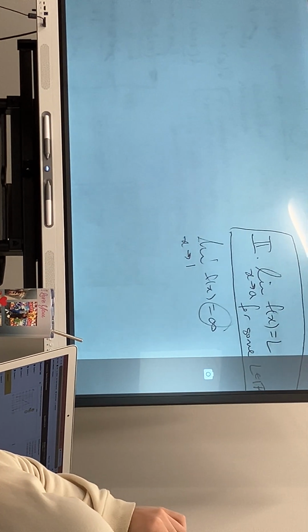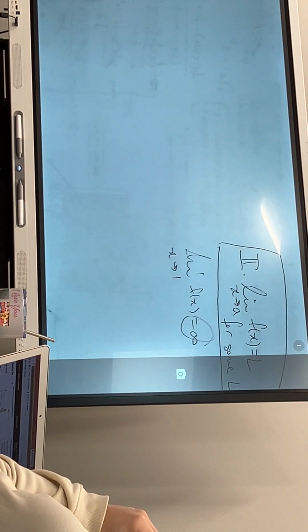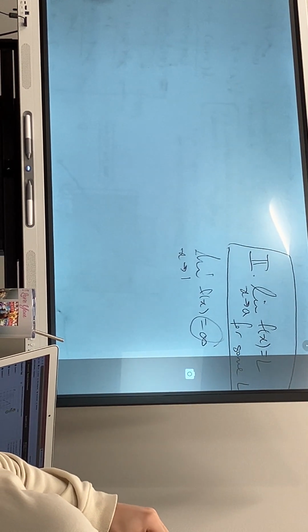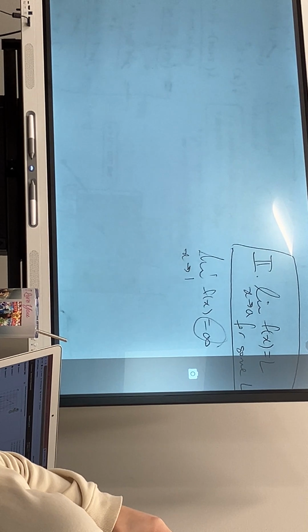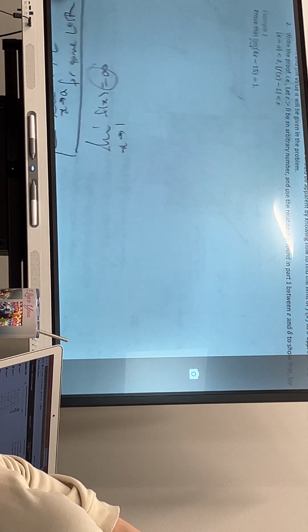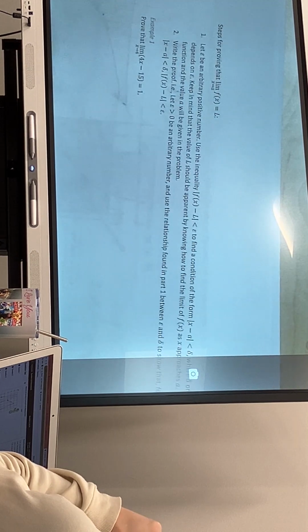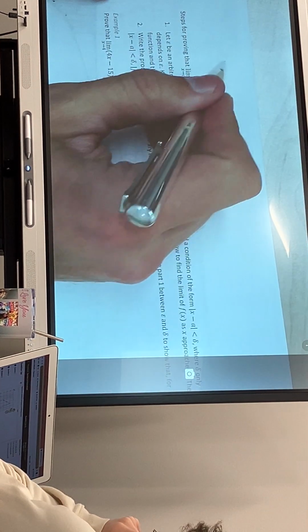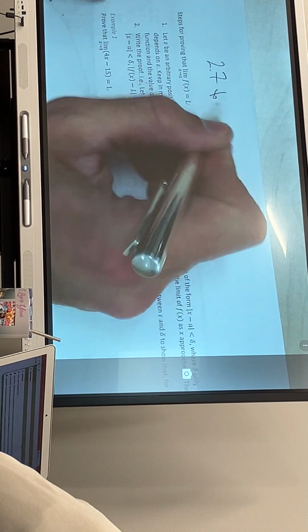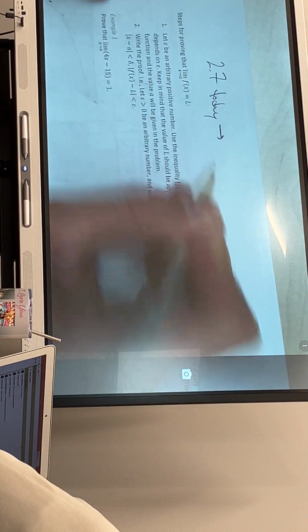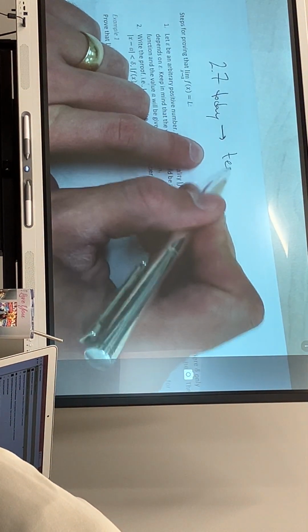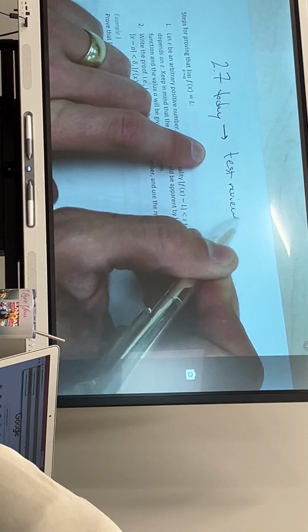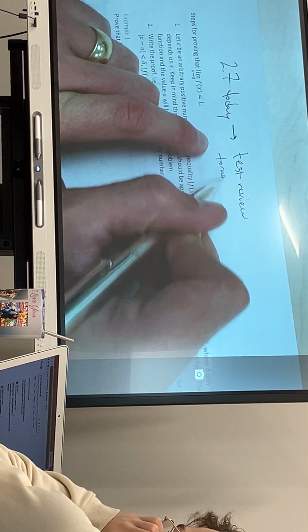Y'all want to see any other homework problems? Okay, then let's finish up 2.7. Here's going to be the strategy. We're going to do 2.7 today. We'll do test review tomorrow and Thursday.